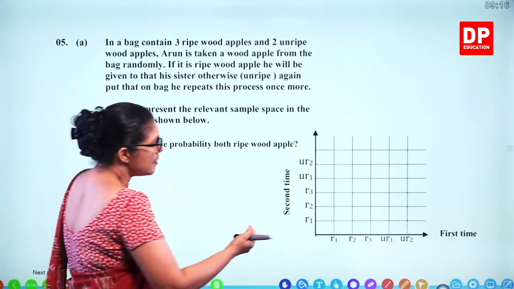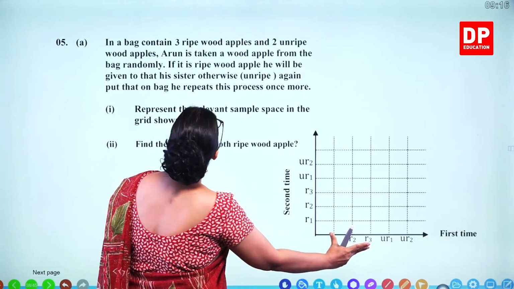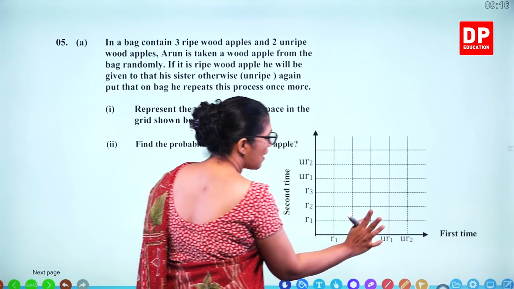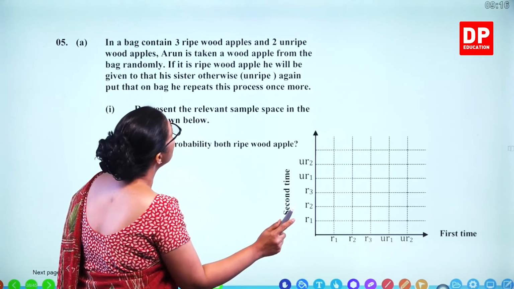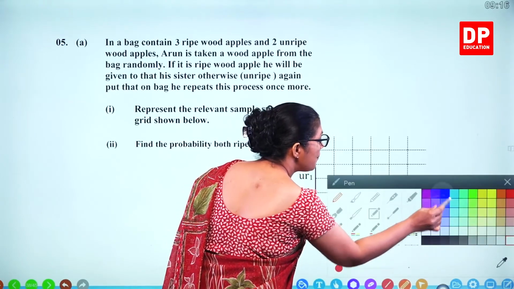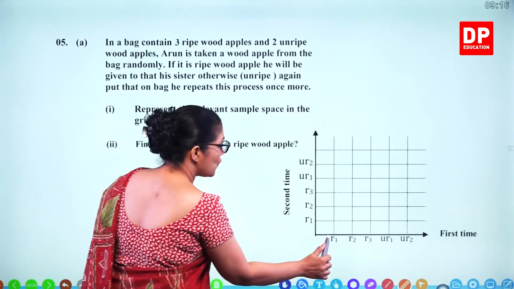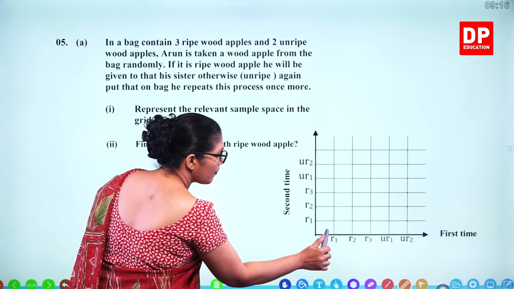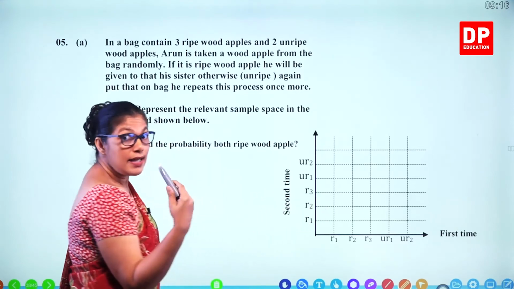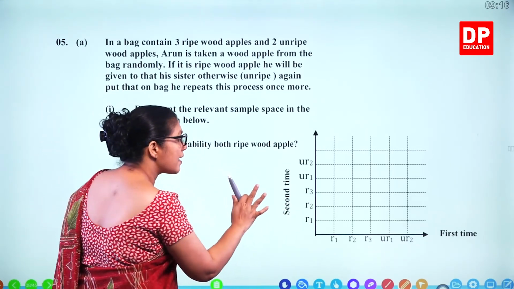Now here, this is the first time taking the wood apple. This is the second time. So 3 R, R means ripe one. UR means unripe one, so 2 unripe ones. So we'll see what the possibilities are. If he takes the first one ripe, he is giving that to his sister, so you can't take that ripe one again.